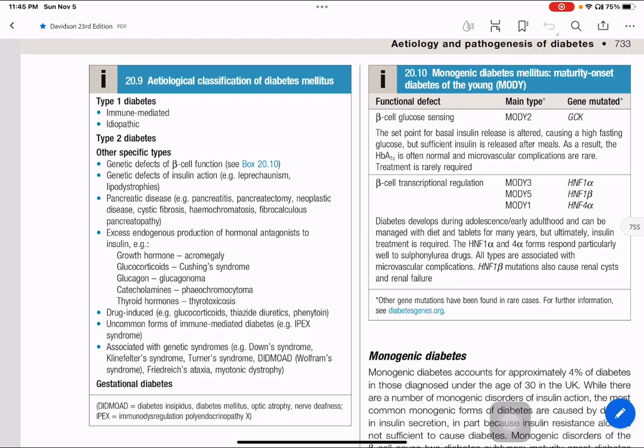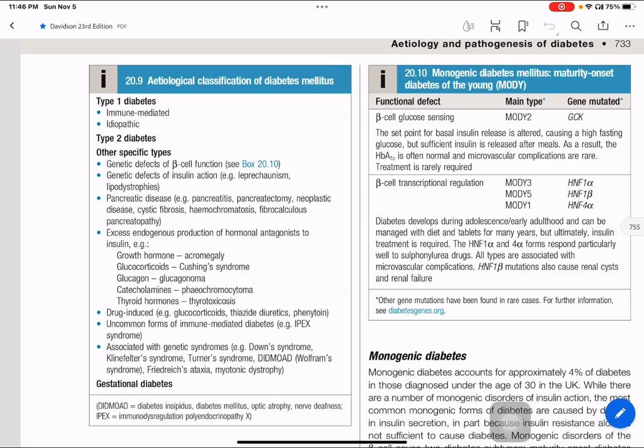There are also some drugs which can cause increased blood glucose and ultimately features of diabetes mellitus, like glucocorticoid, thiazide diuretics, phenytoin. There are also some genetic conditions like Down syndrome, Klinefelter syndrome, Turner syndrome, Friedreich's ataxia, myotonic dystrophy. These can also lead to diabetes mellitus.